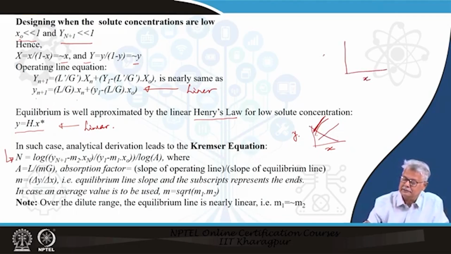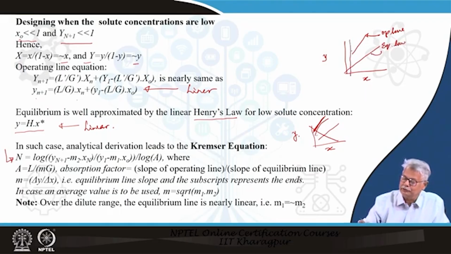This is x, this is y, and this is basically your y is equal to hx, which is the equilibrium line, and here what you have is your operating line, which is also, this is your equilibrium line.